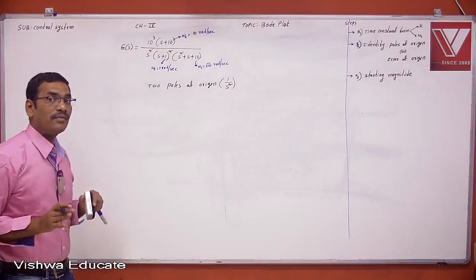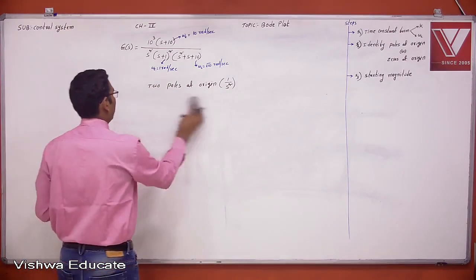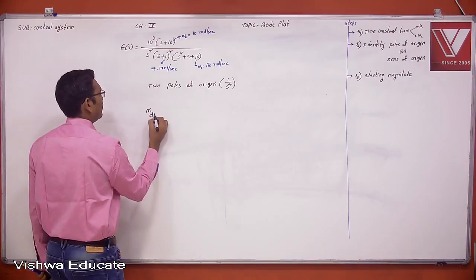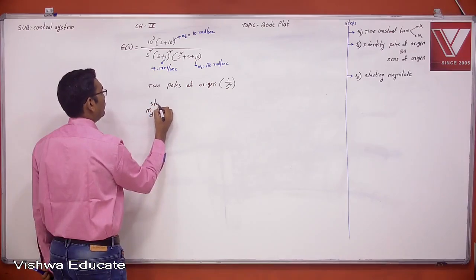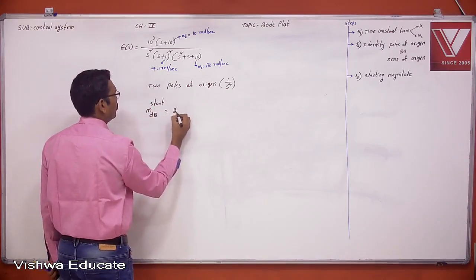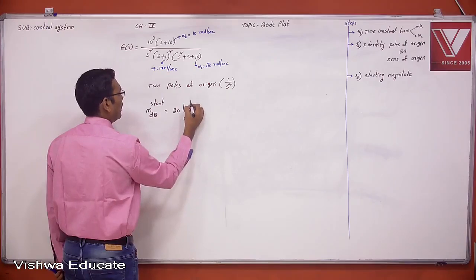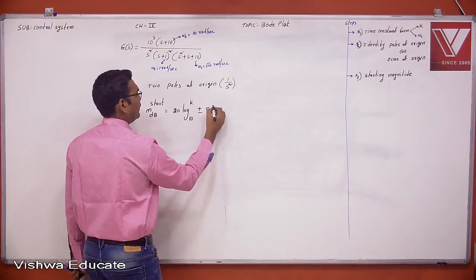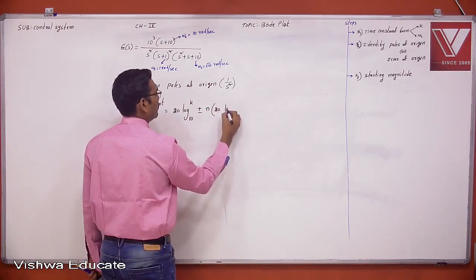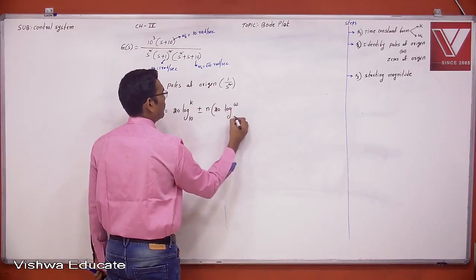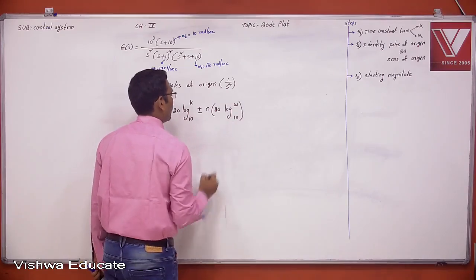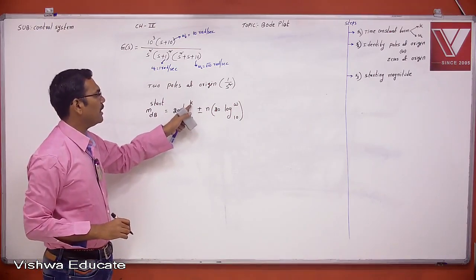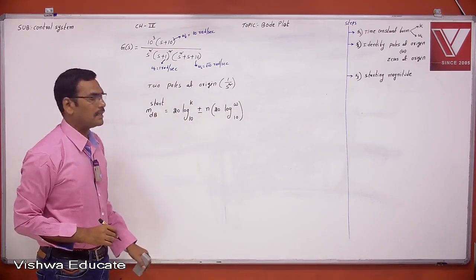The starting magnitude of any BOD plot in terms of dB, the formula is 20 log k base 10 plus or minus n into 20 log omega base 10, where k is system gain, you know that, and omega is least corner frequency.